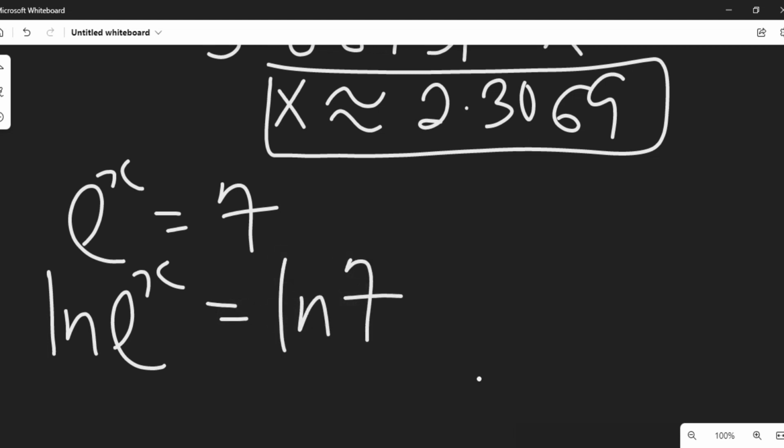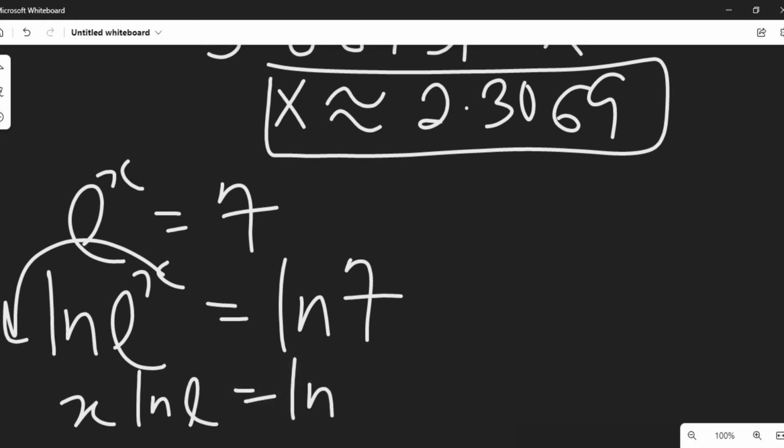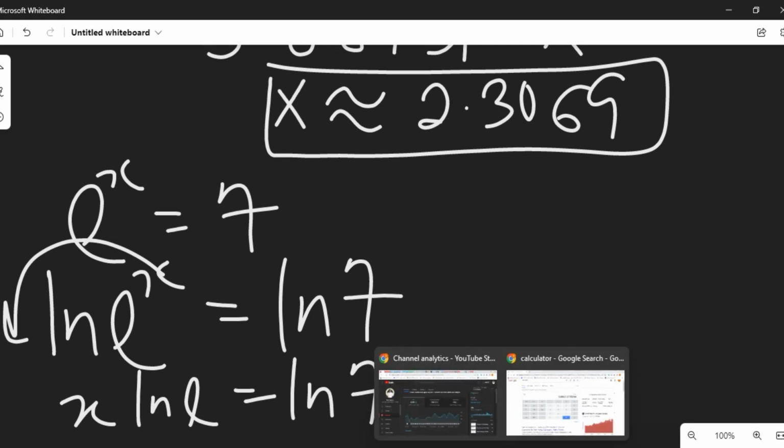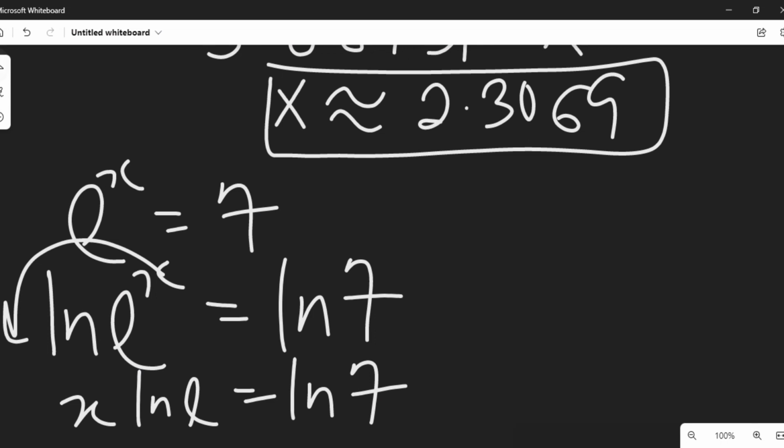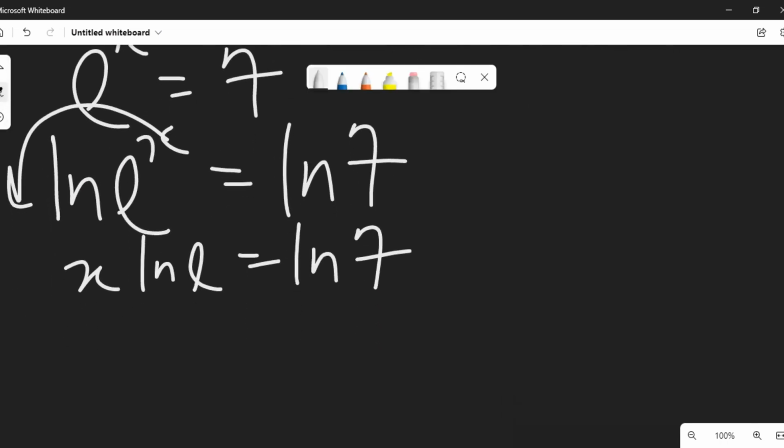Now remember that the power will come over here, and this will give us x ln of e equal to ln of 7. Now remember that ln of e, if you type it in your calculator, is equal to 1. So if we apply that here, ln of e is going to give us 1.